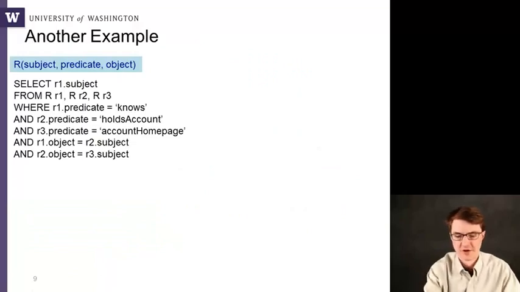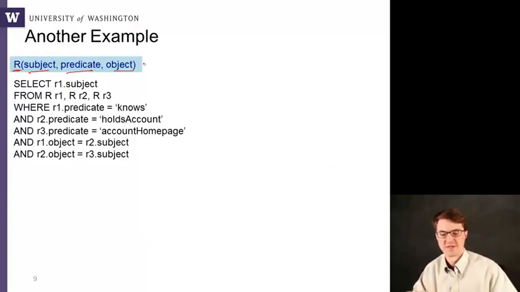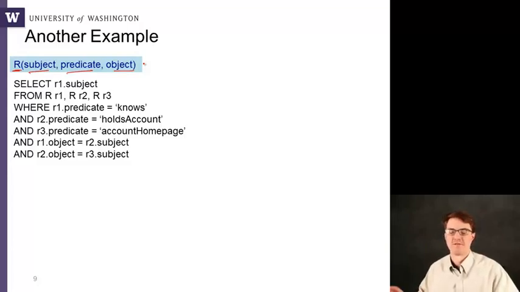So another example here. Here we only have a single relation called R, and it's got three columns: subject, predicate, and object. You see this kind of schema when you work with RDF data, the Resource Description Framework. RDF is a language and formalism and software stack for managing what is called linked data. Here, everything is a set of facts.